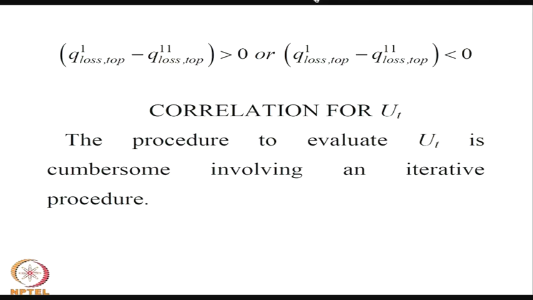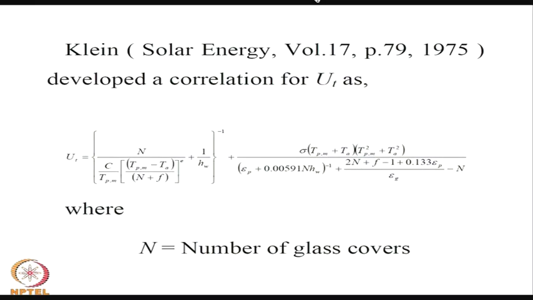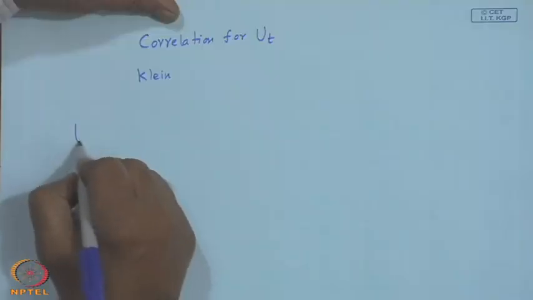The iterative procedure may be called cumbersome, particularly as the heat transfer coefficients involved are free convective heat transfer coefficients, which also depend on the temperature. So, this is a long expression for Ut.